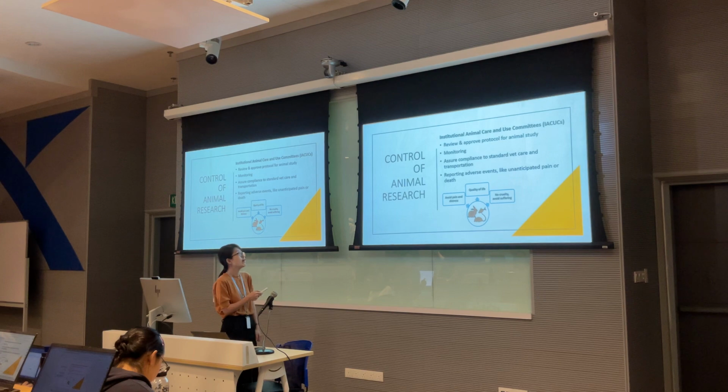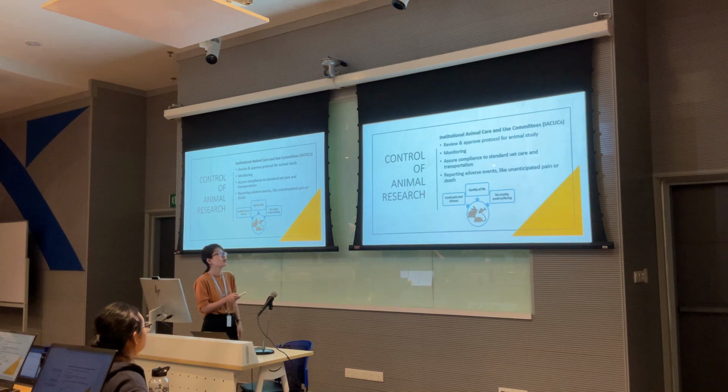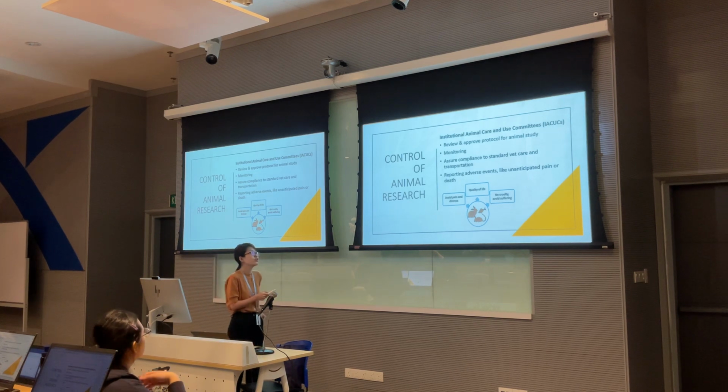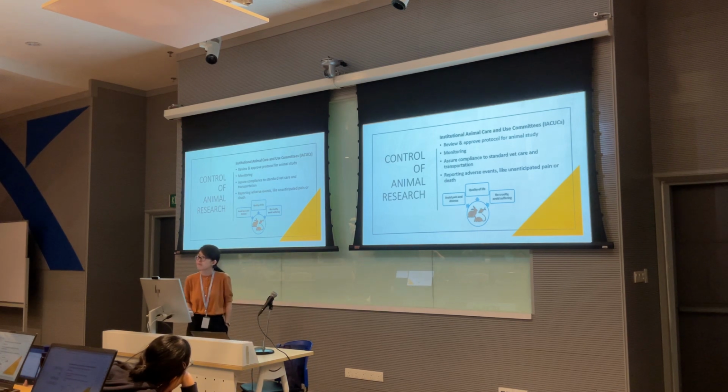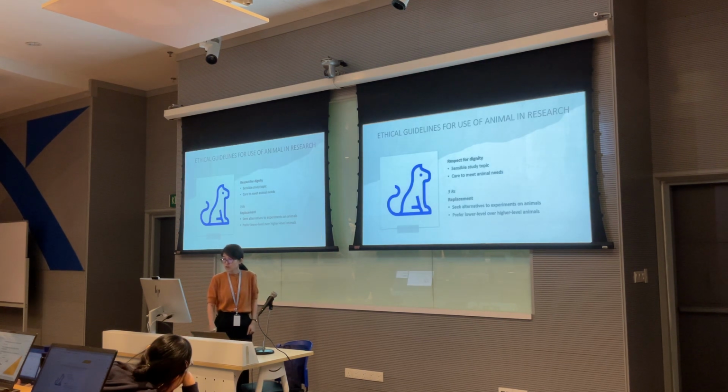They also have a role in making sure that you are compliant, following the standards of veterinary care and transportation, and that you report all adverse effects or unexpected outcomes, unexpected pain or death induced to the animal. So this is their role, to take care of animal affairs and protect the rights of the animal.